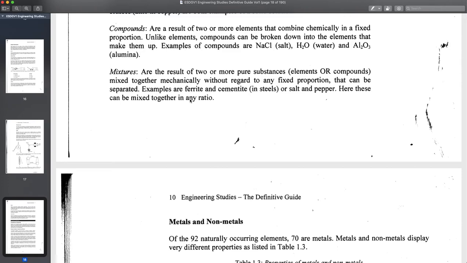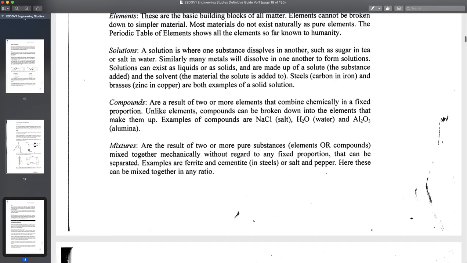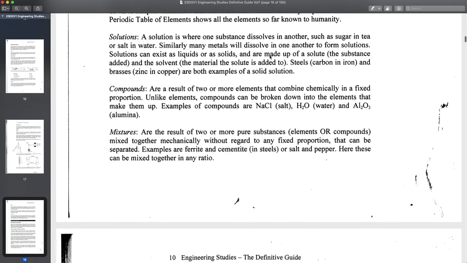In table salt, there is exactly 1 sodium for every chlorine. In water, there is exactly 2 hydrogens for every oxygen. In aluminium oxide, there is exactly 2 aluminiums for every 3 oxygens. Okay, but we'll worry about that. Before we get onto these compounds, what we'll talk about is solutions.